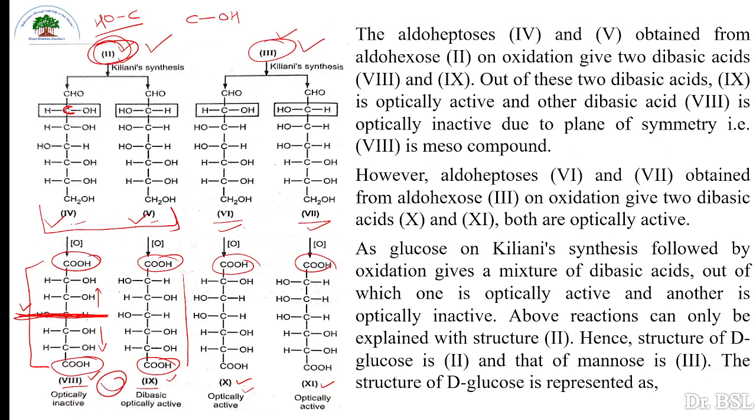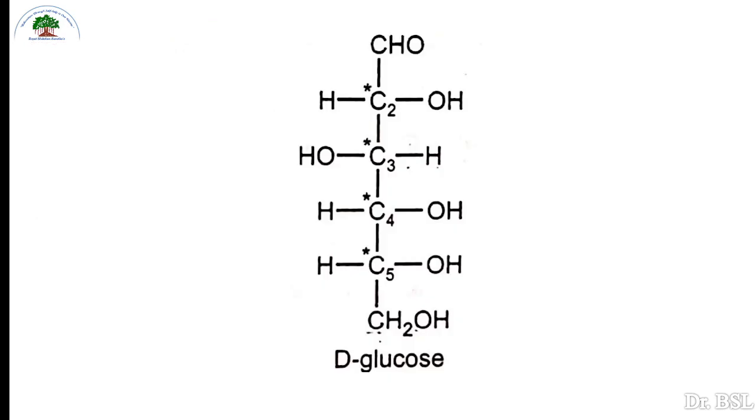And the final structure of D-glucose is represented as follows. Let us number 1, 2, 3, 4, 5, 6. Here the 2, 3, 4 and 5 carbons are asymmetric carbons. One is aldehyde and the sixth one is CH2OH, that is a primary alcohol.